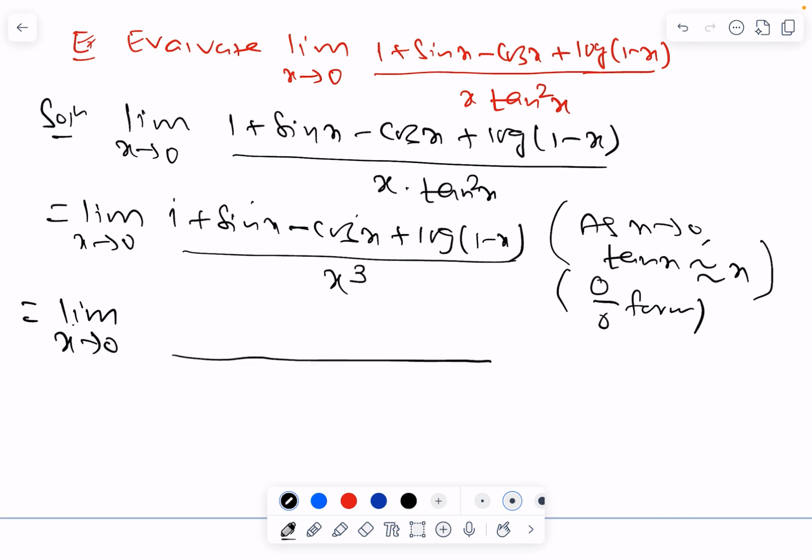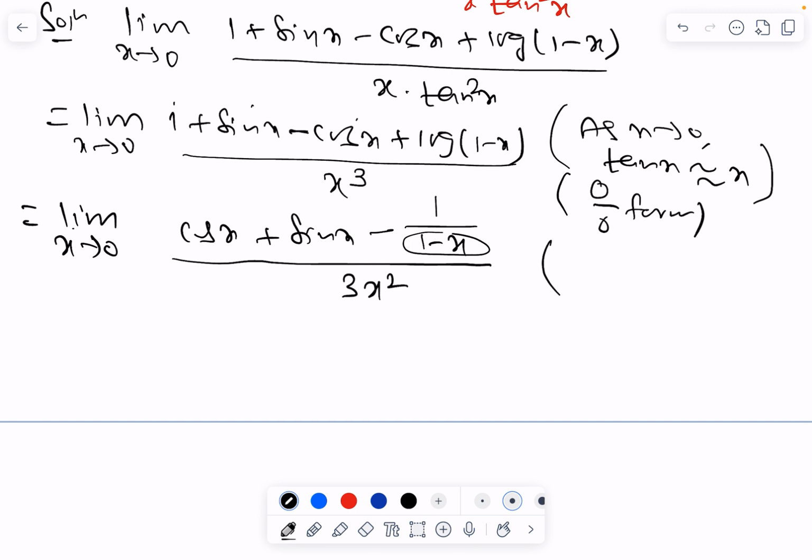So derivative of sine x is cosine x, derivative of 1 is 0. Then derivative of minus cosine x is minus minus sine x, so that is plus sine x, plus log 1 minus x. Derivative of log 1 minus x is 1 over 1 minus x, and derivative of 1 minus x is minus 1, and this is 3x square.